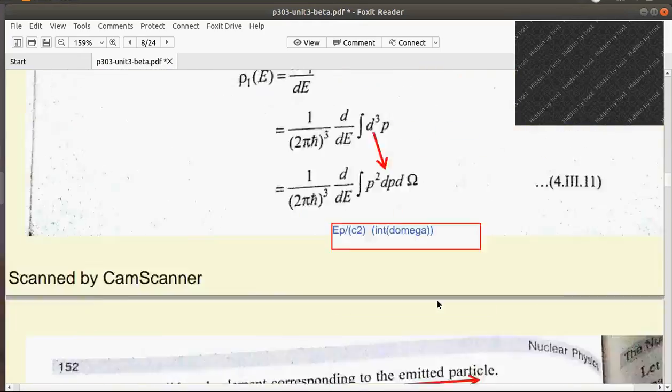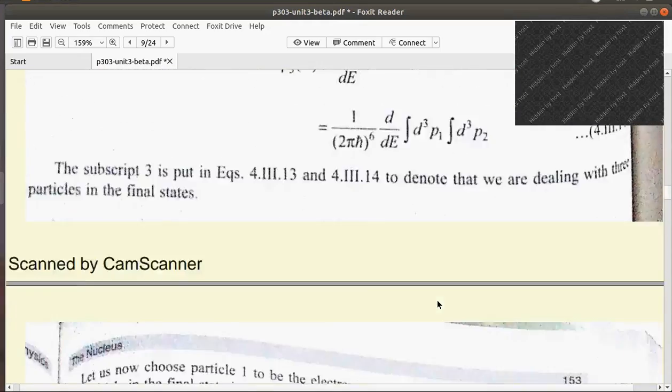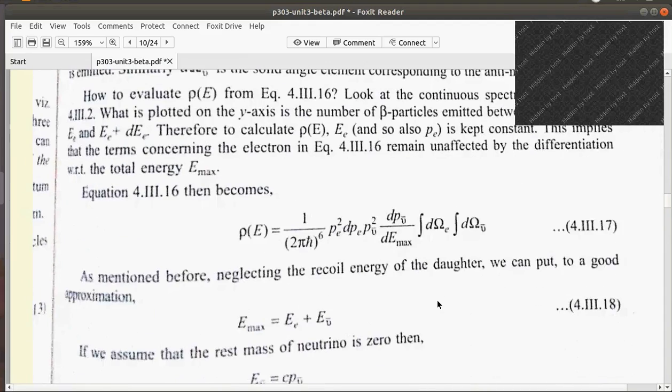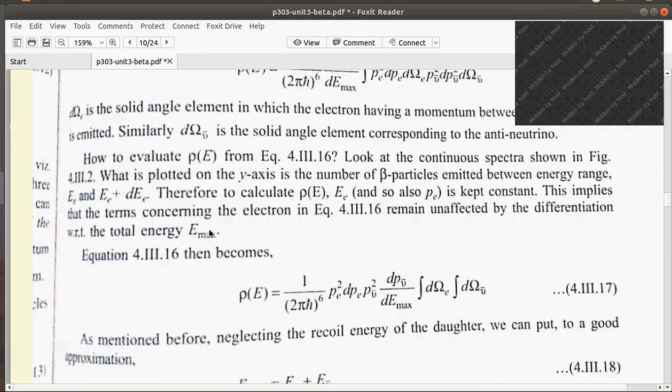So when you consider that, to calculate pe, E and also pe is kept constant. Energy is constant, so the change only takes place in the dE part or dpe part. This implies that the terms concerning the electron remain unaffected by the differentiation with respect to total energy.